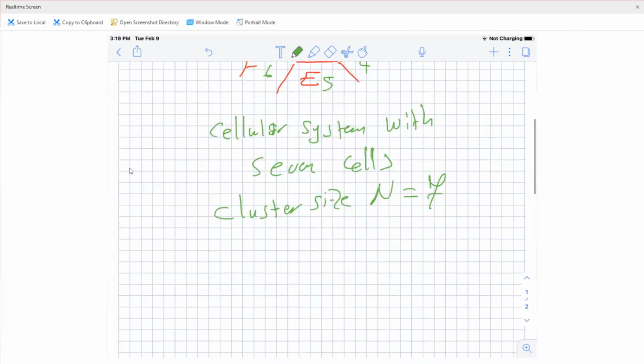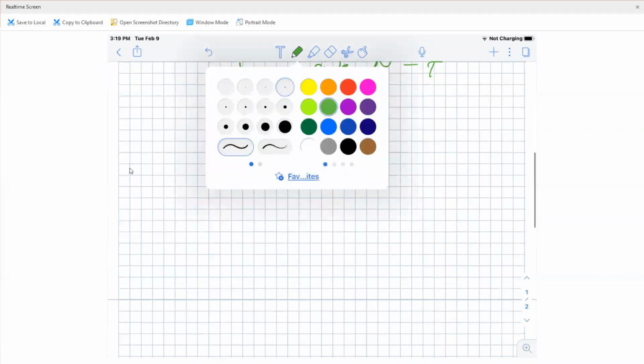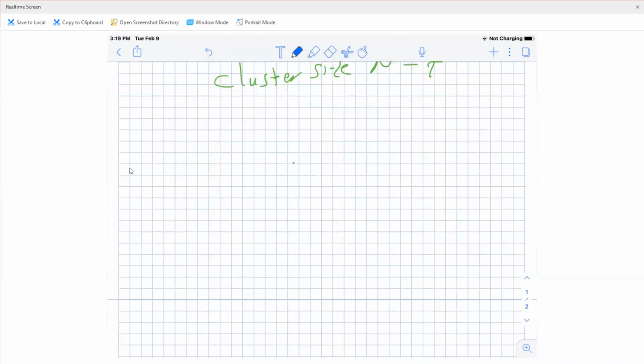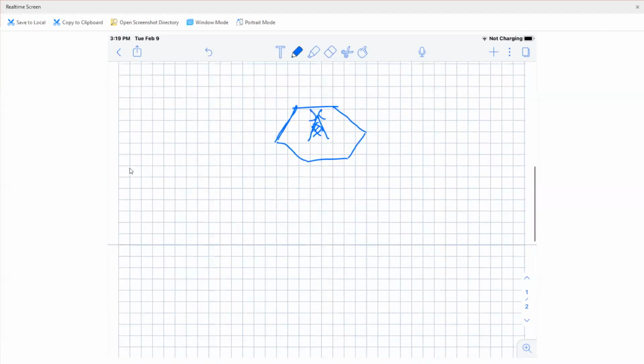Now, the construction of a single cell will be as follows. Look, now I'm going to talk about only a single cell, at the center of the cell or at the edges of the cell. Look, this is another configuration.